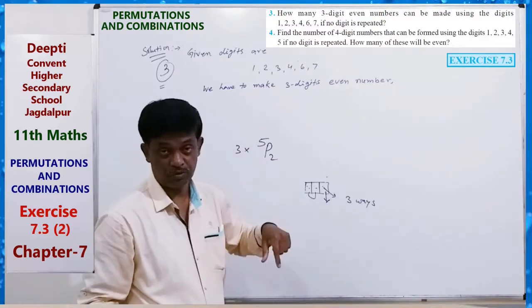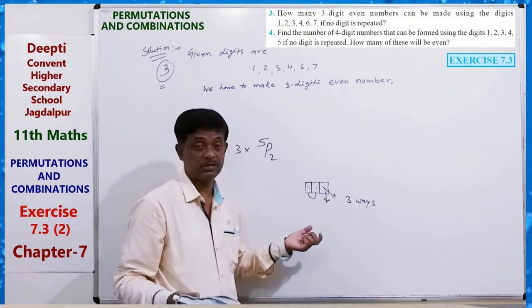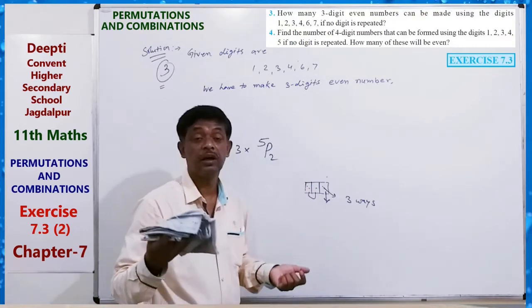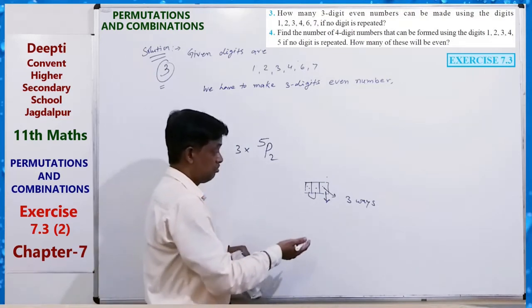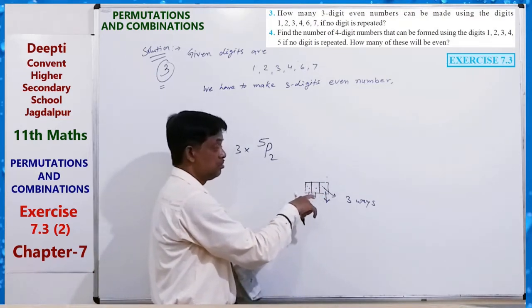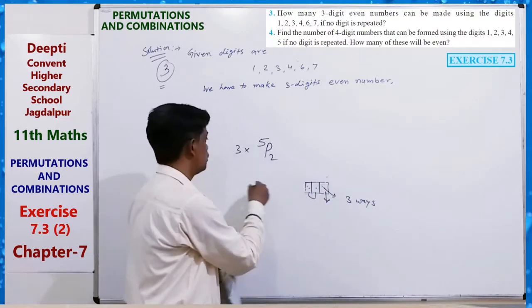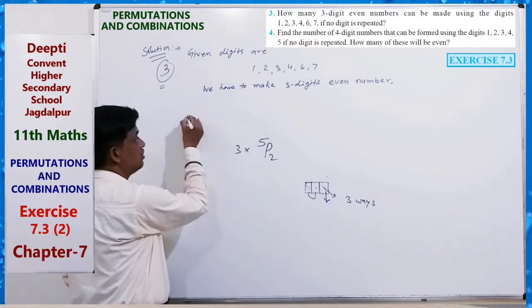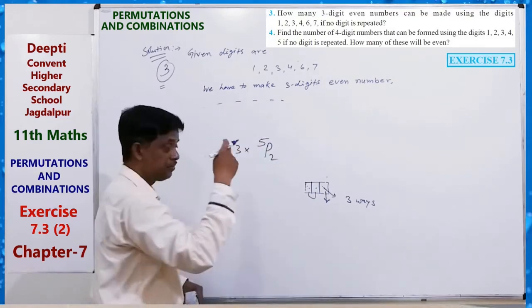So the number of ways of filling these 2 places is 5P2. Following this, we also fill the other place in 3 ways. So the total number of ways, you have to write in detail.